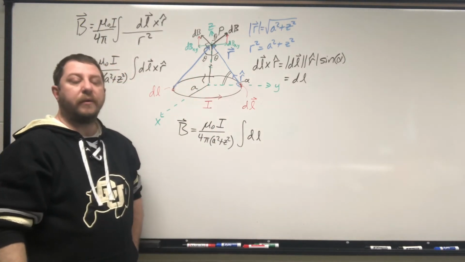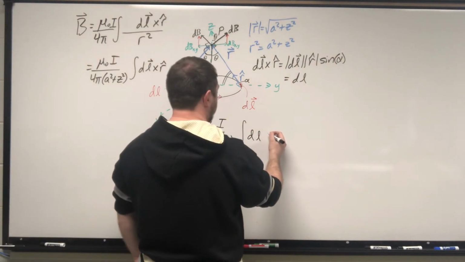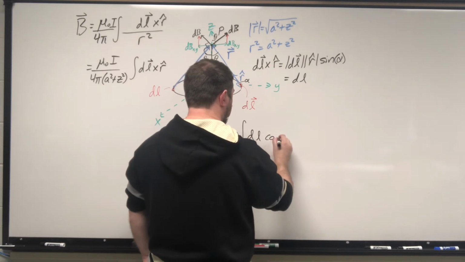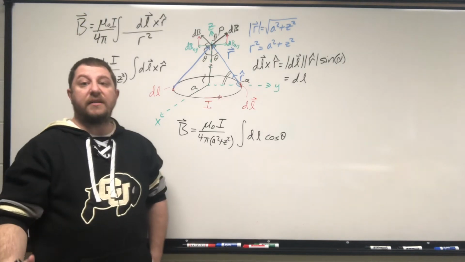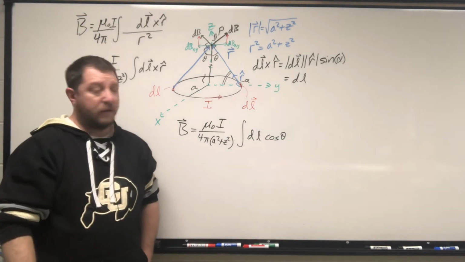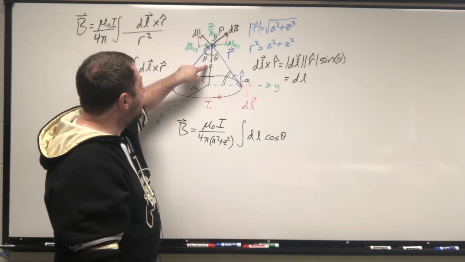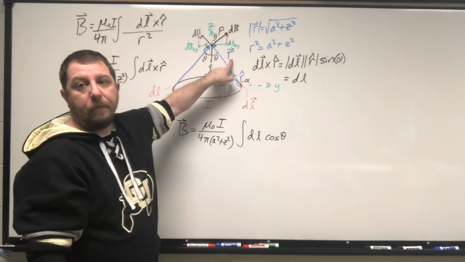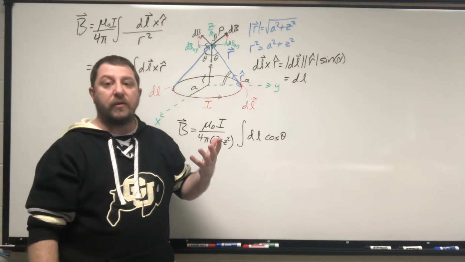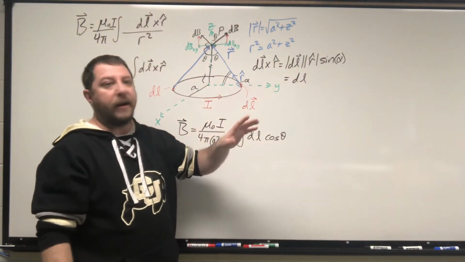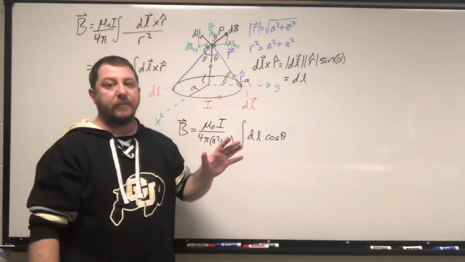Because the cosine components are what is going to add up here. But the cosine of theta is just a constant, so it can also come out. But what is the cosine of theta? The cosine of theta is going to be z over r, right? And since we're working in magnitudes, the cosine of theta doesn't care what direction r is pointed in. It just cares about the magnitude.